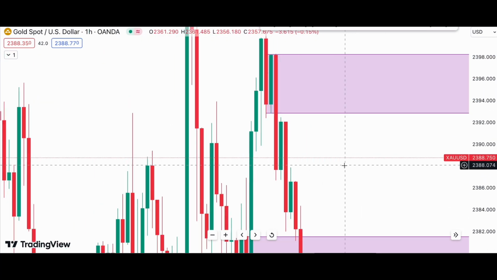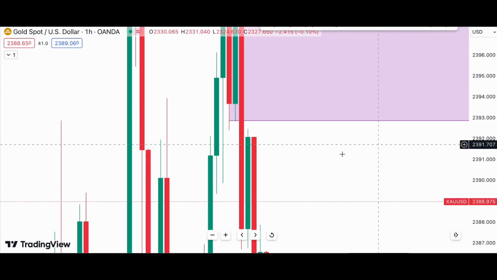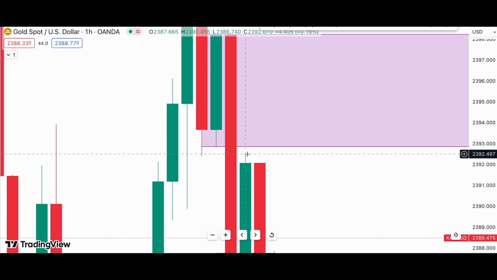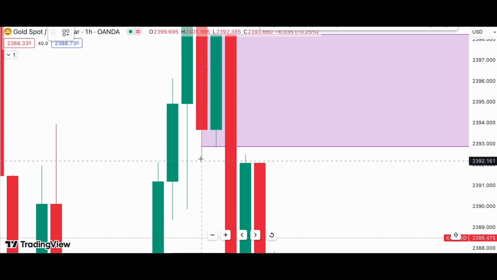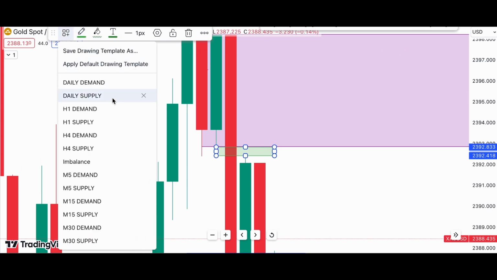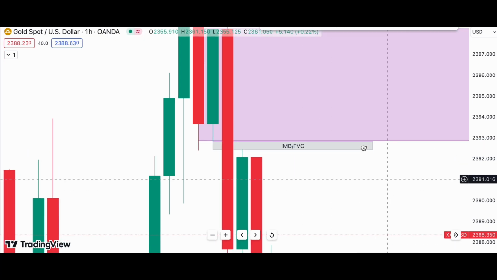Why? Because only this supply zone leaves the imbalance in between. Can you see? This is the imbalance right here in between. The other two supply zones are without imbalance. We call it a fair value gap.